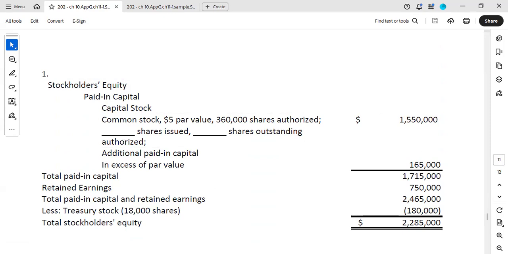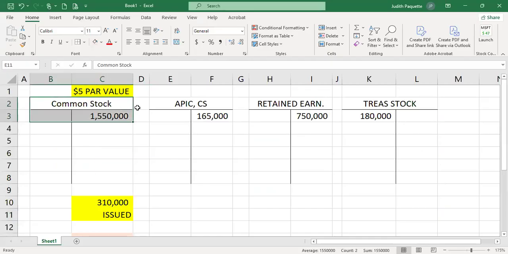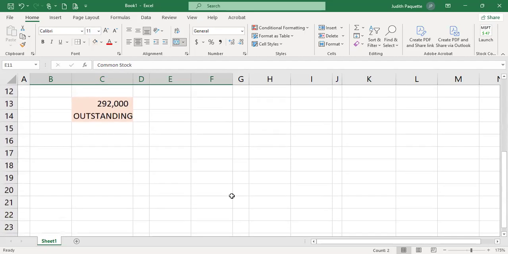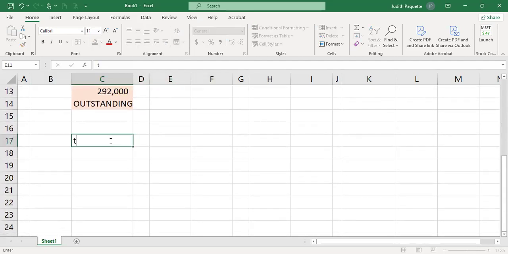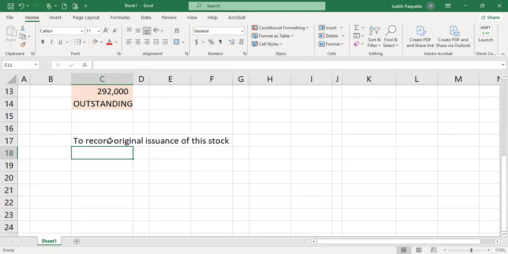Let's say this was one journal entry when we originally issued the stock, to record the original issuance. Don't worry about the dollars, but what's the journal entry when we issue stock?